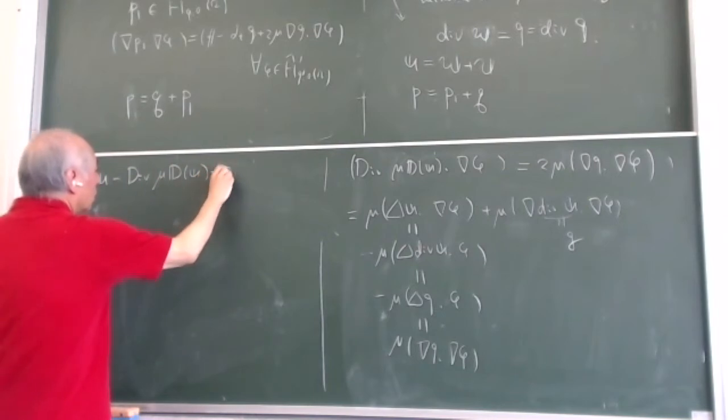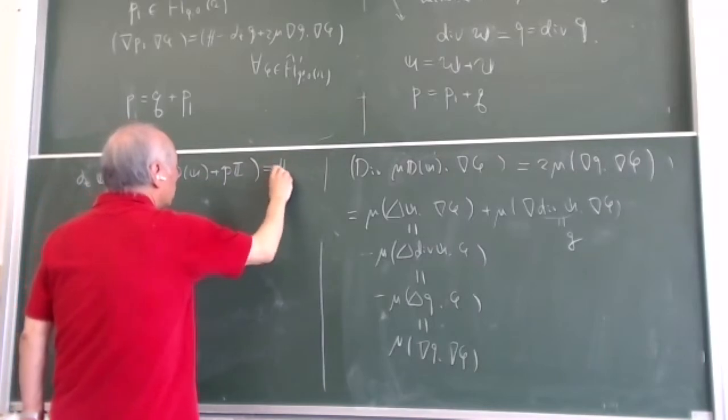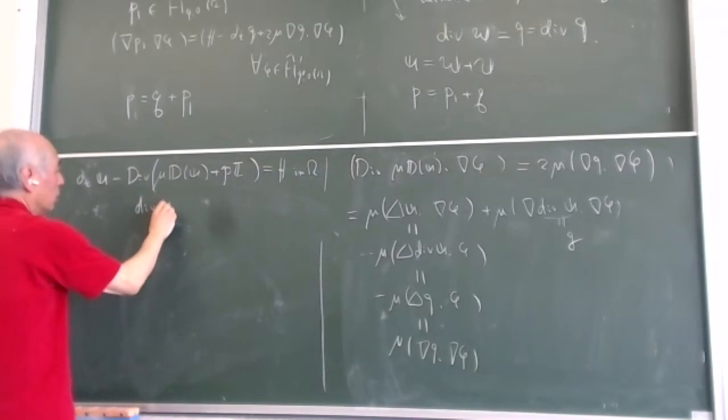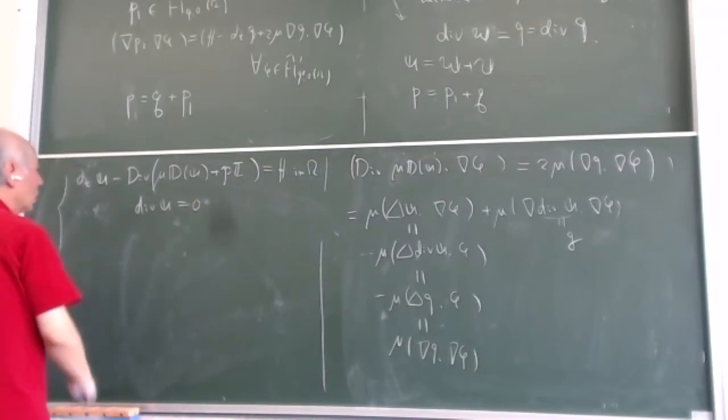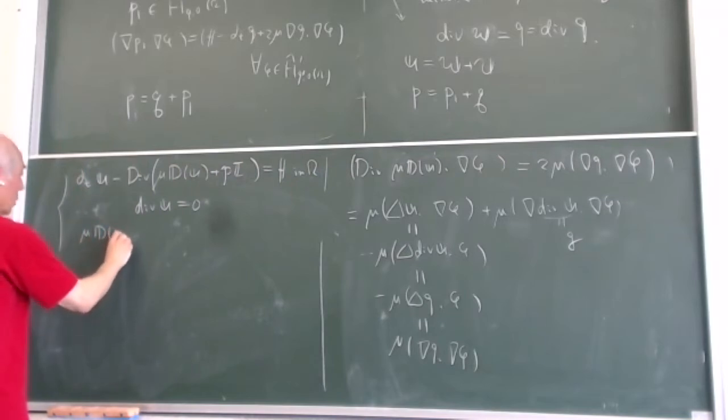Again, I write then the UF. But now here this important thing is that d equals 0.